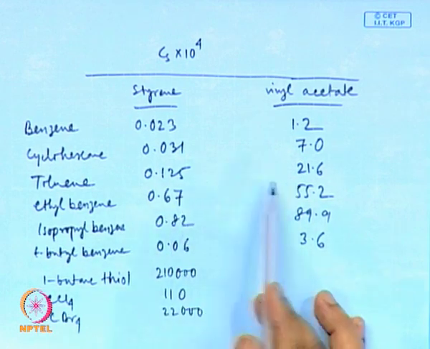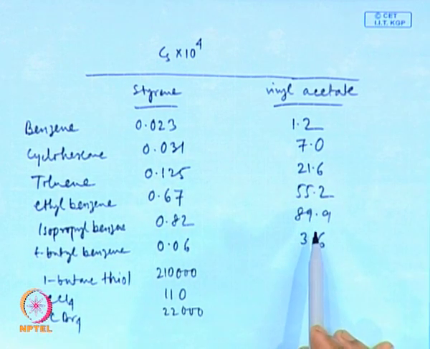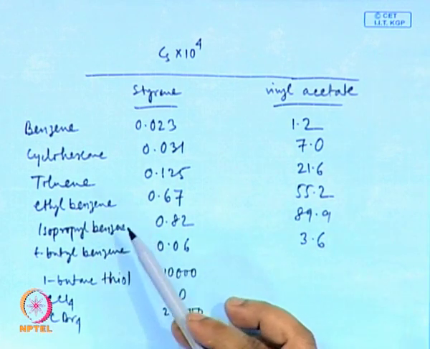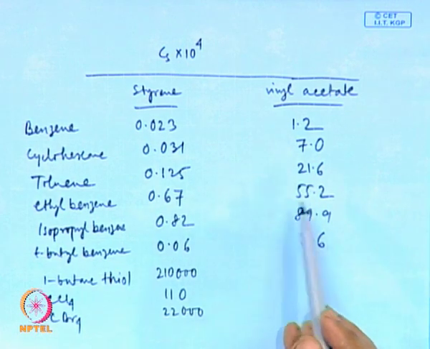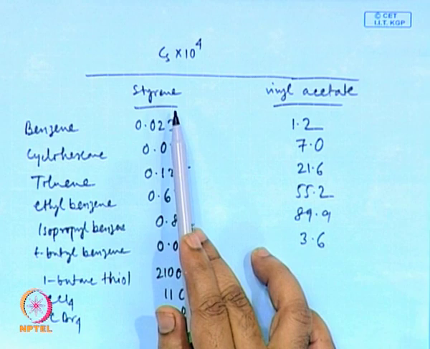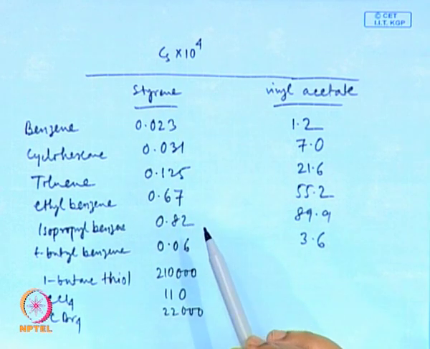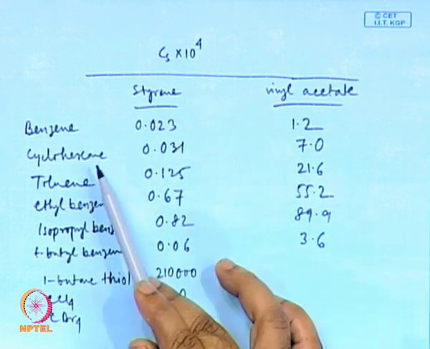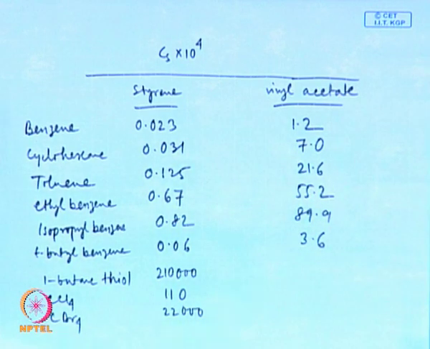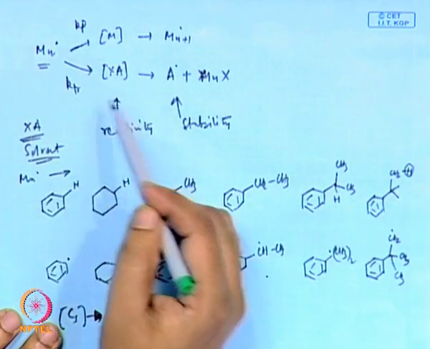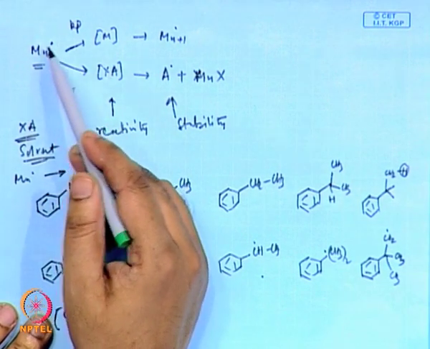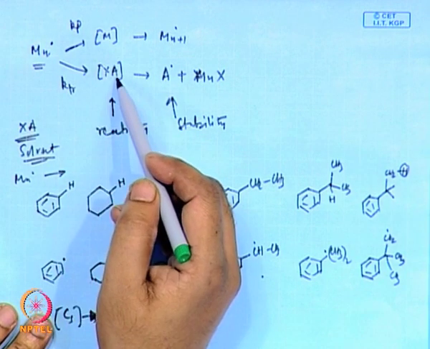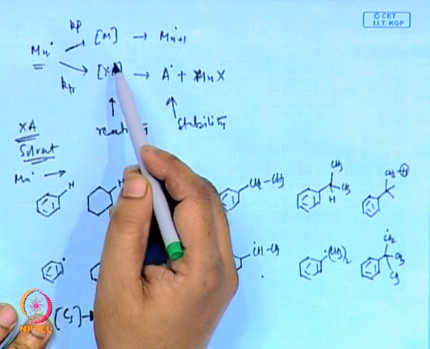But look at the comparison between vinyl acetate and styrene. The numbers for vinyl acetate are higher. So, the tendency of these solvents for transfer reaction for vinyl acetate is higher compared to the polymerization of styrene. Now, what could be the reason for the difference in the tendency of this solvent towards different monomers? Again, as we discussed in the last lecture, if this propagating radical is very reactive, then obviously it will react with both the monomer as well as the solvent.